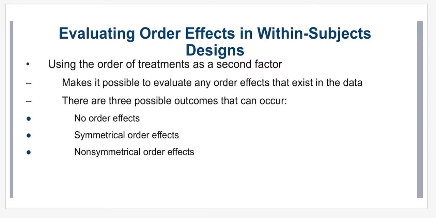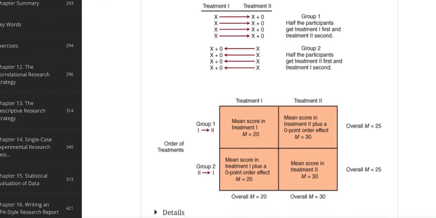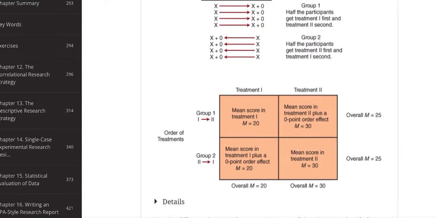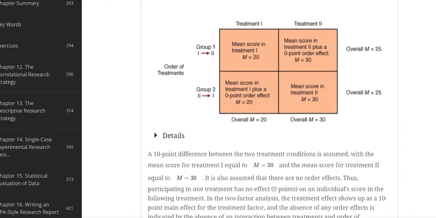And so that would mean if we go to 11.12 here, this is showing you no order effects. So what that means is that there's no interaction between our 2 factors here, between the order of treatments and the treatments themselves. There's no interaction.